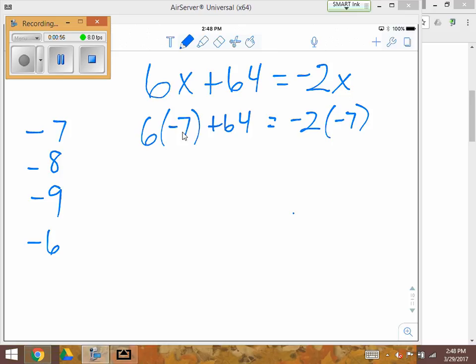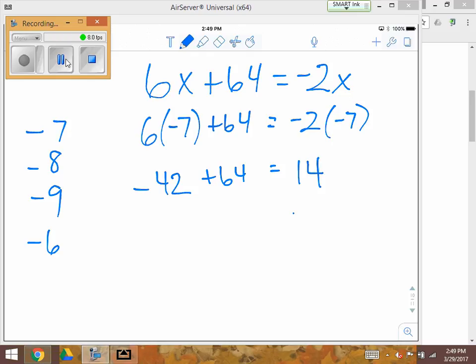So 6 times -7 is going to be -42 plus 64. And that's equal to, now over here we have a negative times a negative. A negative times a negative is a positive. 2 times 7 is positive 14.